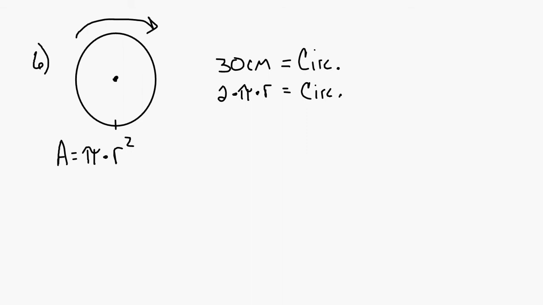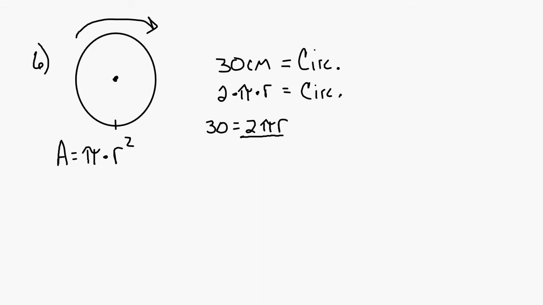So if the circumference equals 30 centimeters and the circumference also equals 2 times pi times r, you can set the 30 equal to 2 pi r. So 30 equals 2 pi times r.